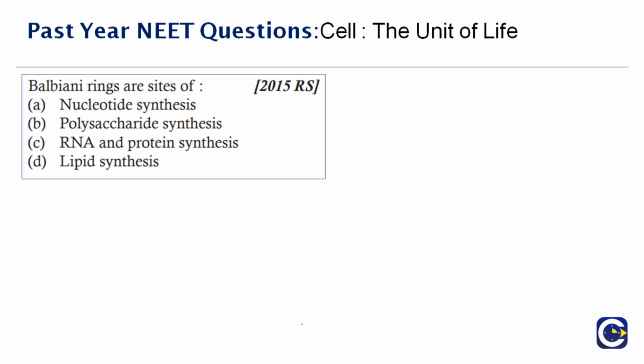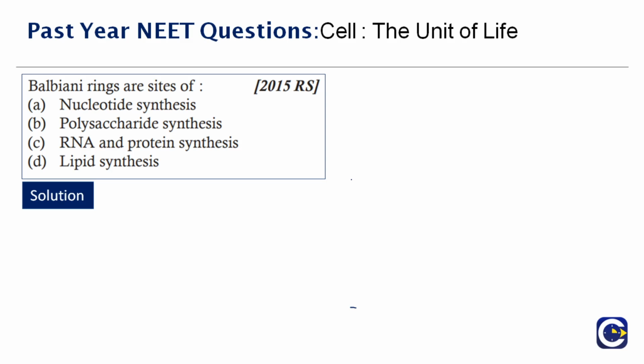Balbiani rings are sites of dash. Okay, this question was again asked in the year 2015. Okay, fine. What do you mean by these Balbiani rings? Have you ever heard about it? See, they are large puffs of polytene chromosomes in the dipteran, Chironomus tentans.